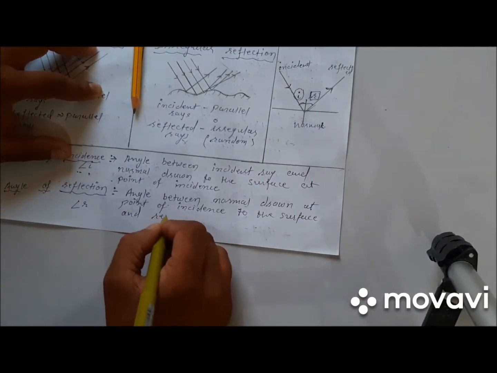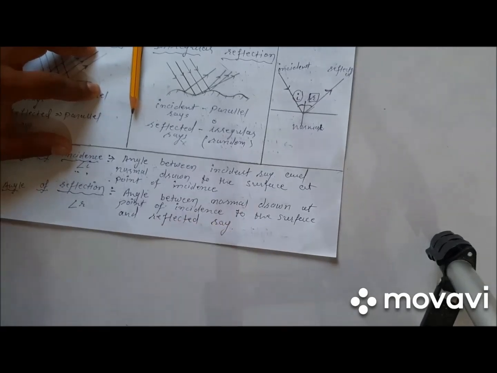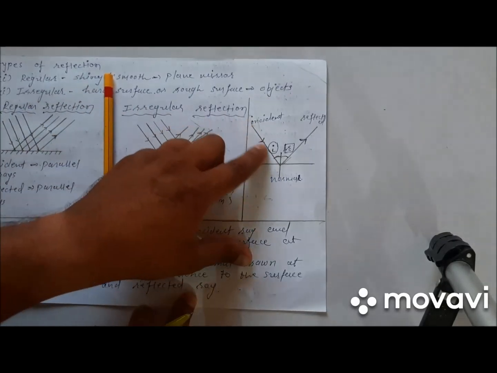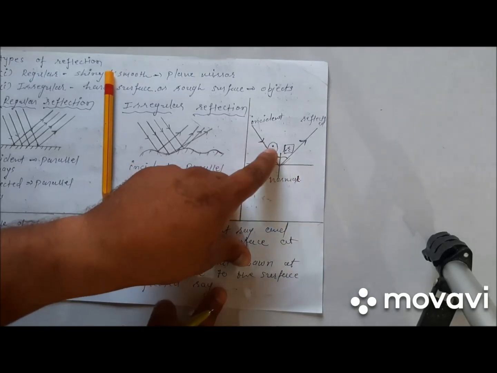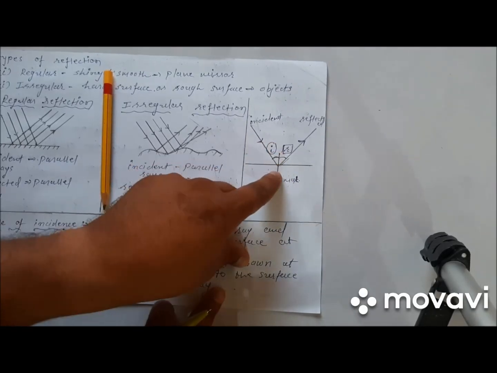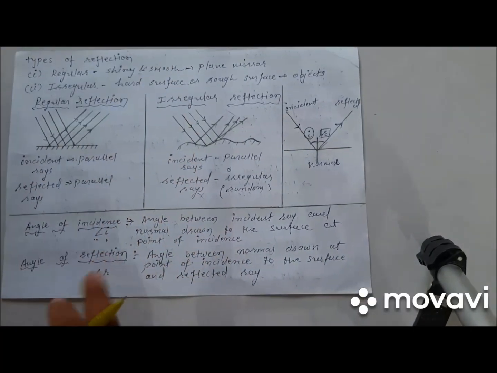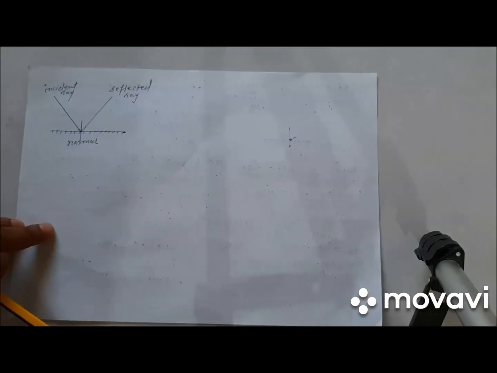So it is very simple: angle of incidence is the angle between the incident ray and the normal drawn to the surface, and angle of reflection is the angle between the normal drawn to the surface and the reflected ray. As we know these two terms, we are able to understand the law of reflection.